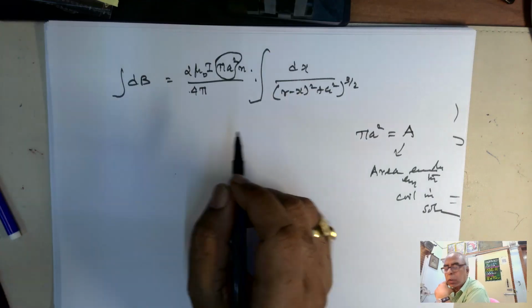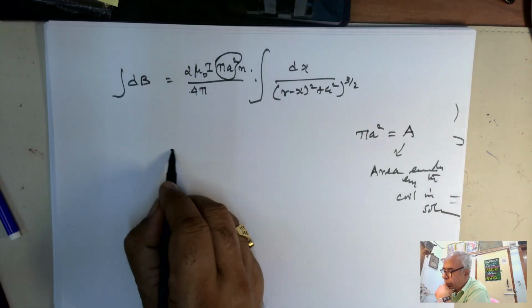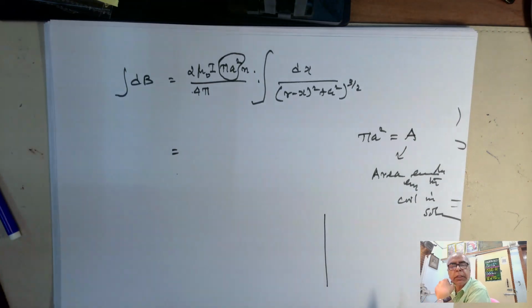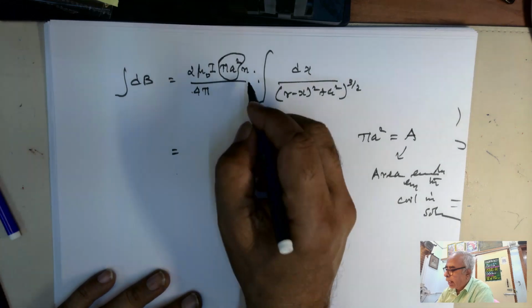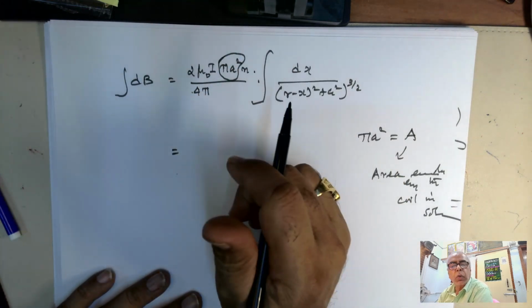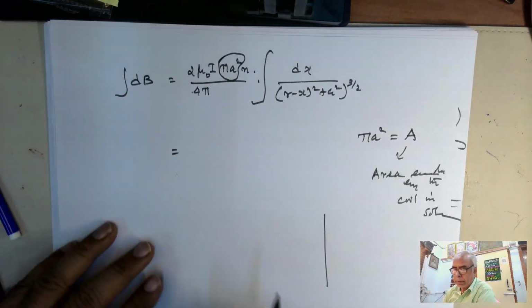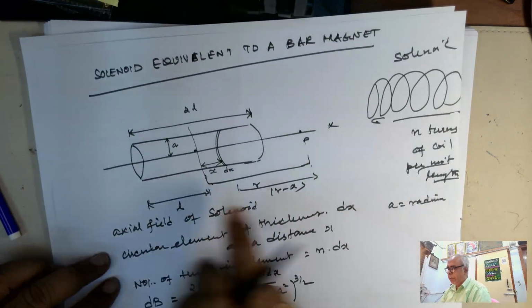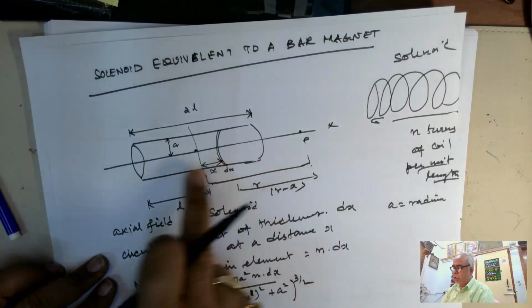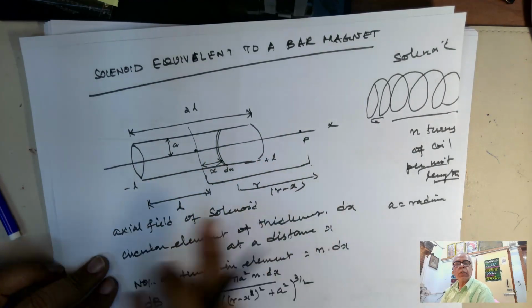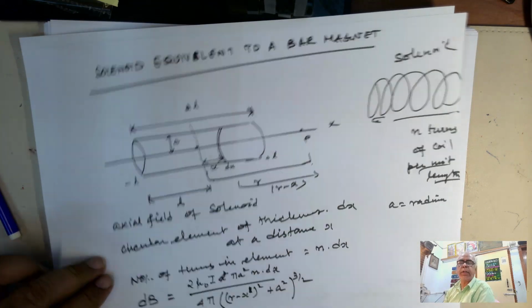So let us replace all these things. Actually we need to consider the total length here, because this is to be integrated from here to here. So you can call it minus L, and this is plus L. So from minus L to plus L, you have to integrate.